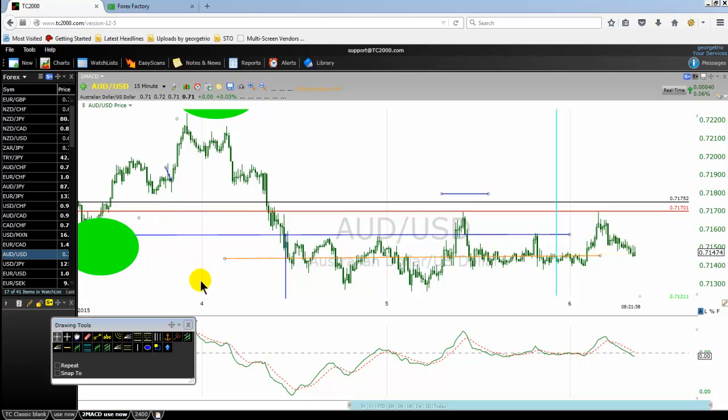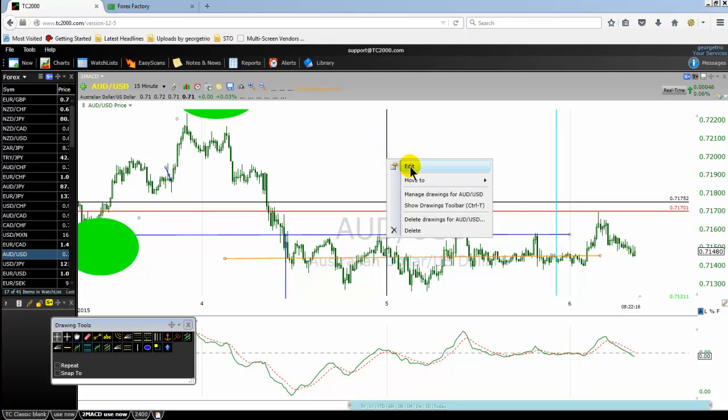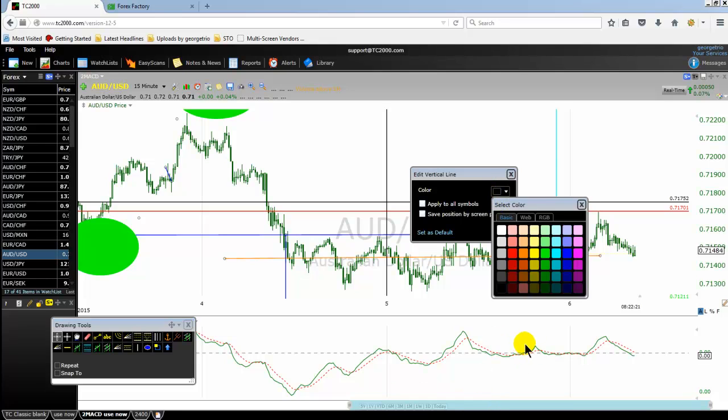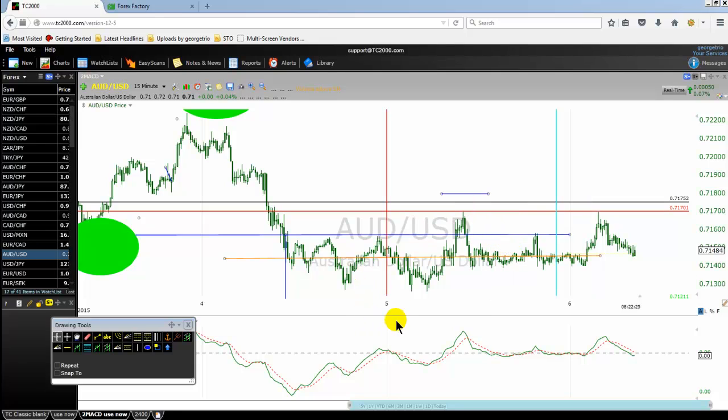So since yesterday, the 5th of November 2015, I'll put a red vertical line there. Now today is the 6th of November. We are still in this trade.